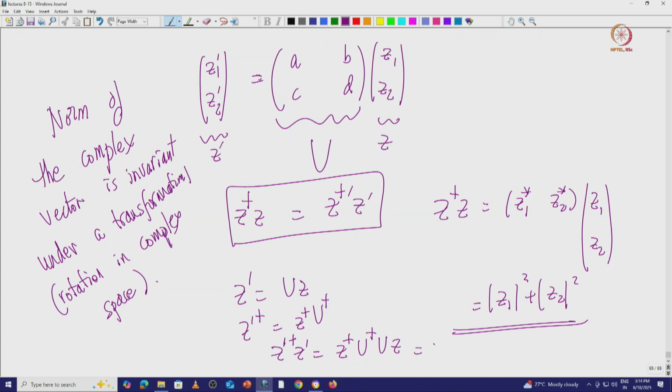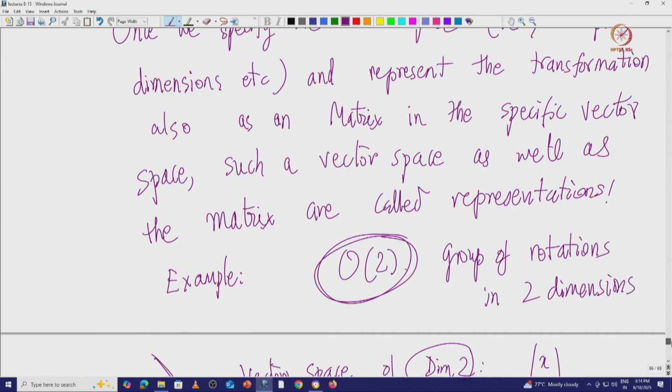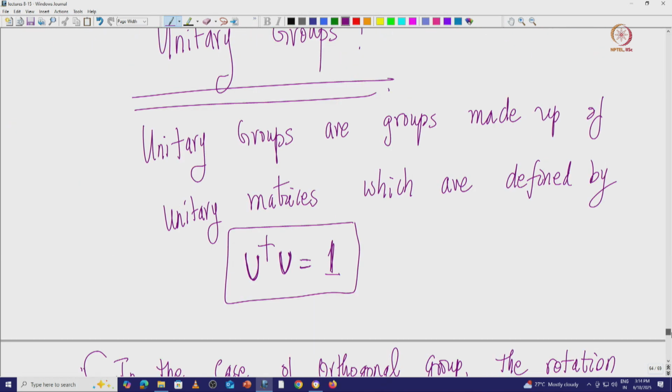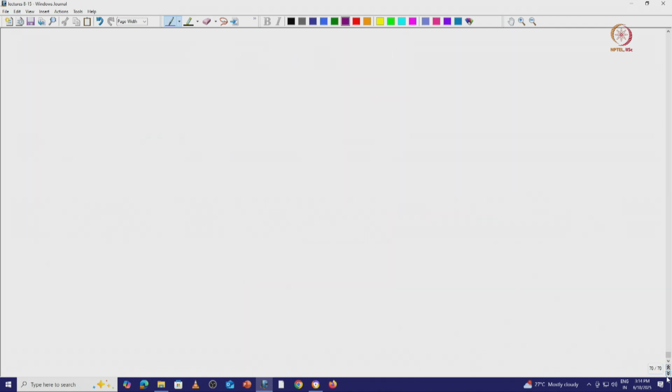This is the condition we have. So this means U dagger U is equal to 1. This transformation U should be unitary, which is essentially what we defined. So this is the condition we end up with: these are unitary matrices.